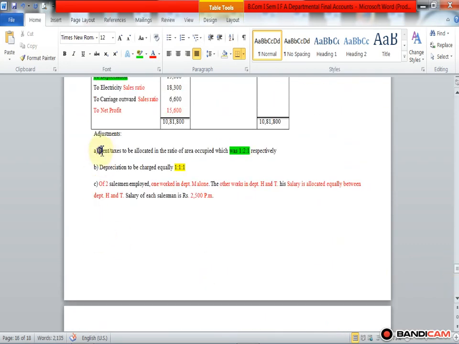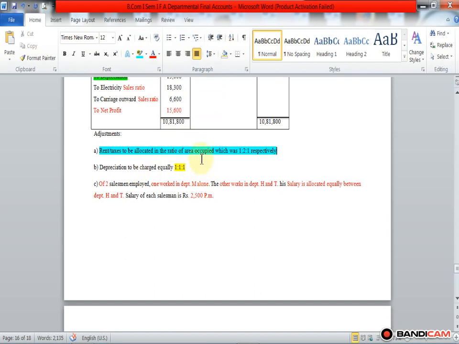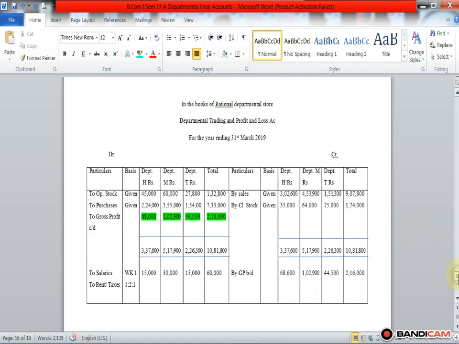Okay, rent and taxes are allocated respectively in the ratio of area occupied, which was 1:2:1. So here the basis is given, 1:2:1. So the total amount of rent and taxes amounts to rupees 45,000. Now how do we calculate?